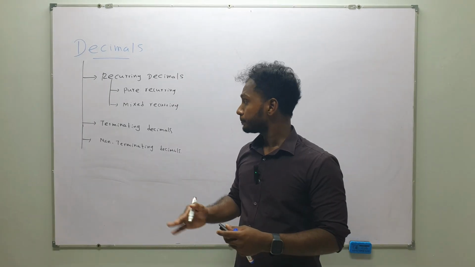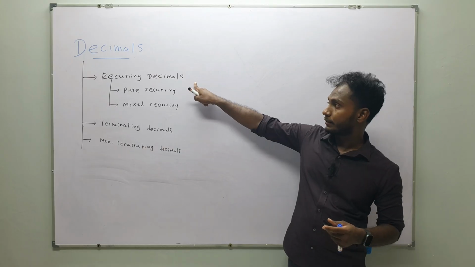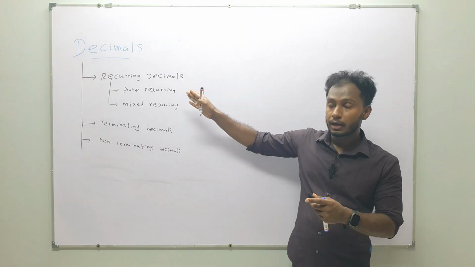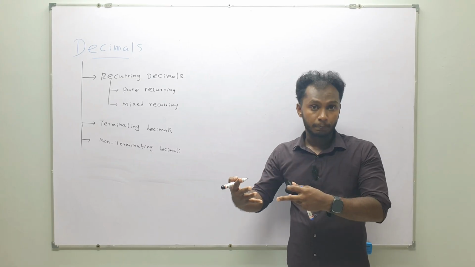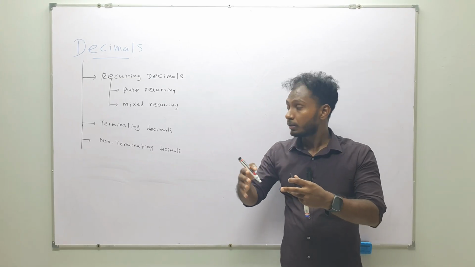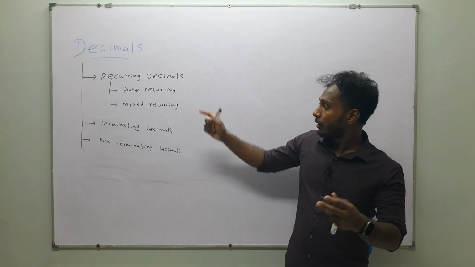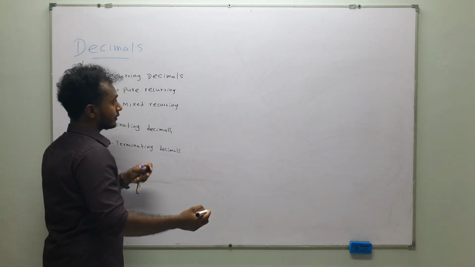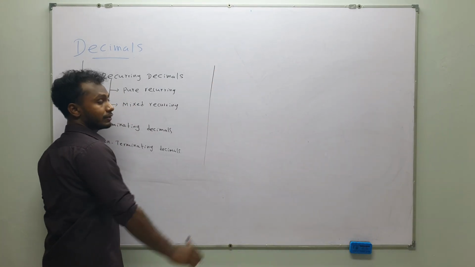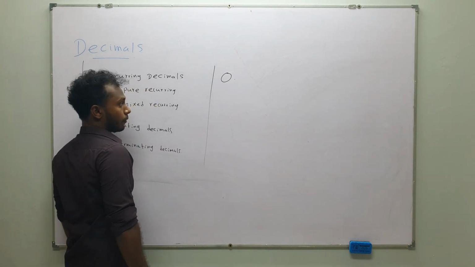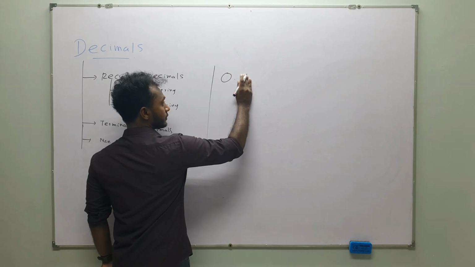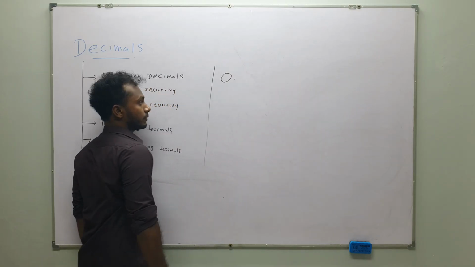All right. So when we come to decimals, these are the numbers less than 1. We have the 0 and the decimal point, and we have a set of numbers after the decimal point.